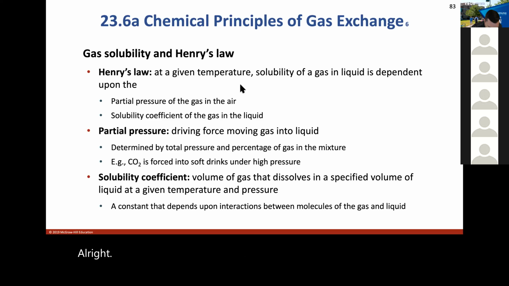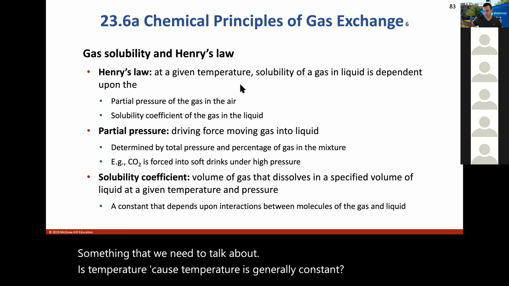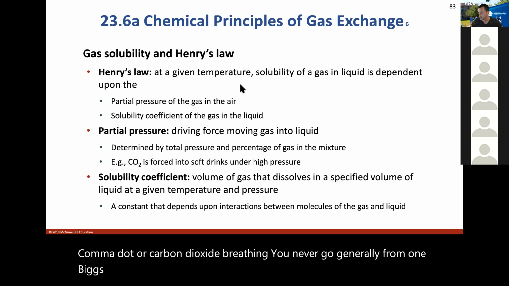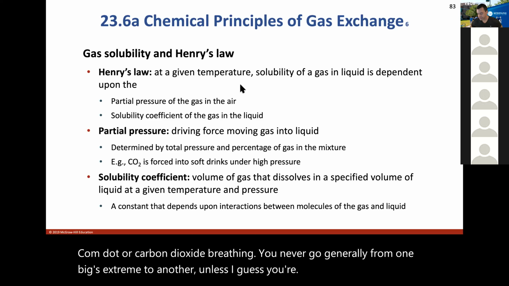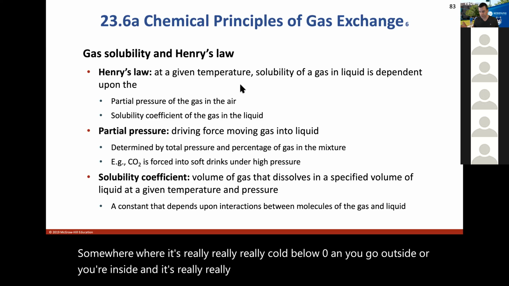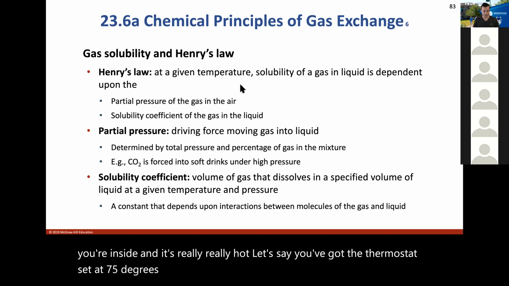Something that we need to talk about is temperature, because temperature is generally constant. With breathing, you never go from one big extreme to another, unless you're somewhere really, really cold, below zero, and you go outside from inside where the thermostat is set at 75 degrees, and it's like 30 below.